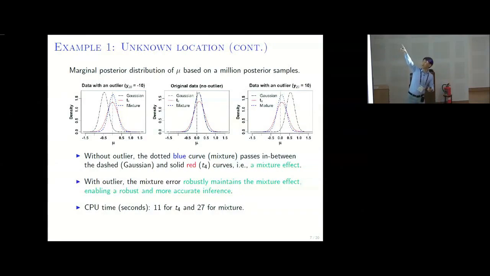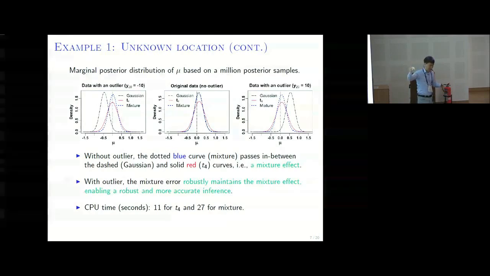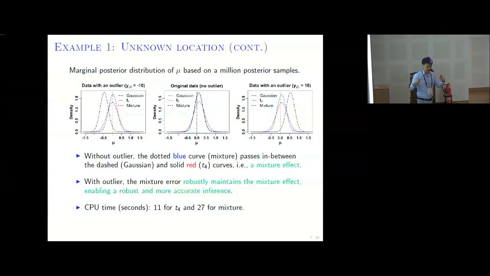If you see the solid red curve, which is from the T error model, this curve has the widest spread, because this assumption imposes an unnecessarily heavy tail assumption on Gaussian data sets.